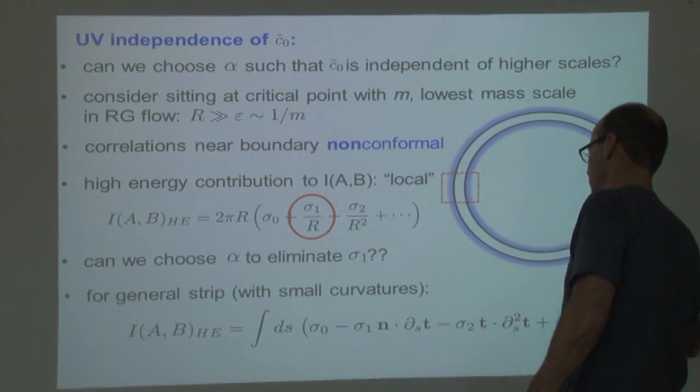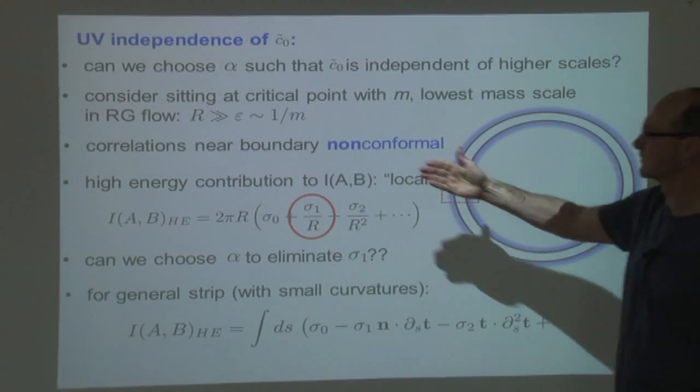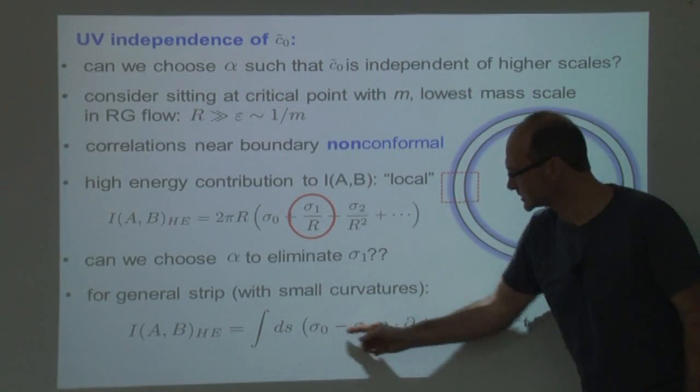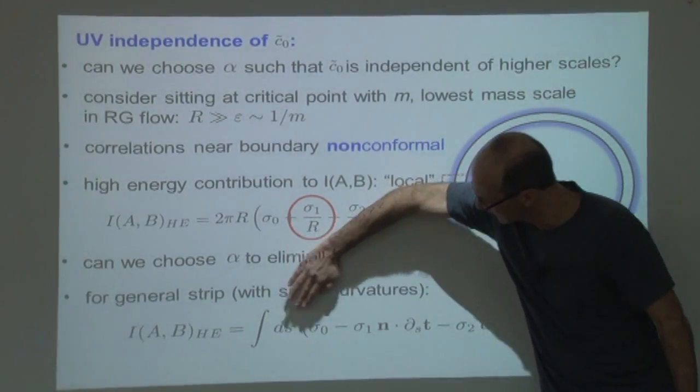It can be some strip that waves around. And in general, this high energy contribution, the stuff that knows about the higher scales, is going to take this particular form here. So these are the same coefficients. Here I'm integrating along my strip.